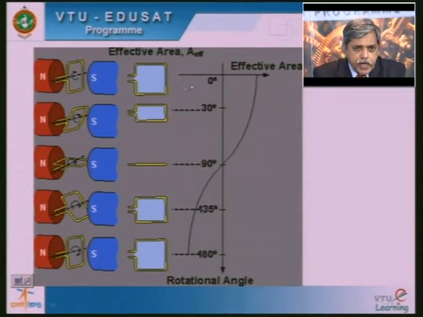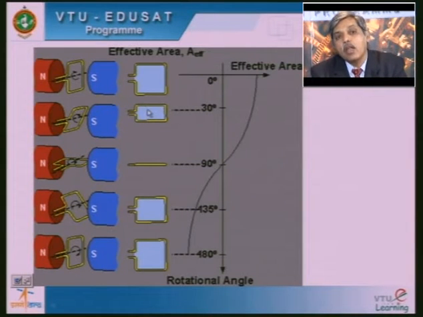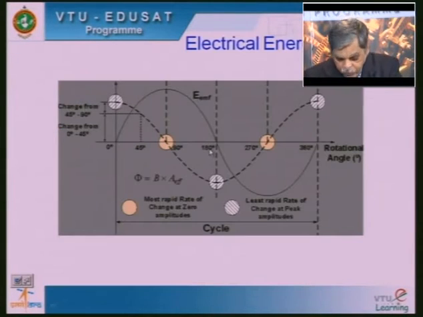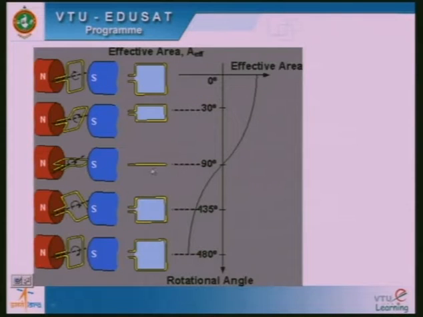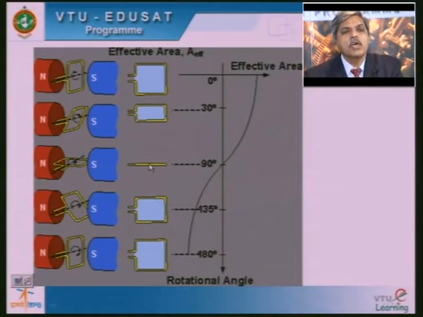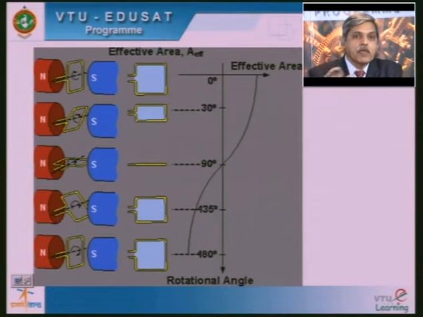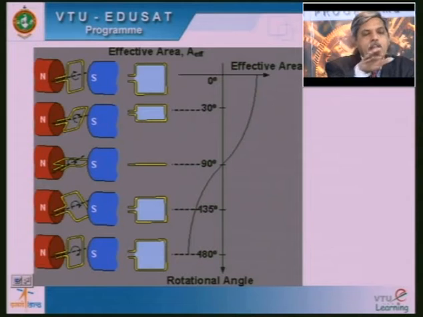When the coil is rotated by 30 degrees, the effective area offered by the coil to the magnetic field is decreased. When the coil is rotated by 90 degrees, I have further reduction in the area. Almost the flux lines will be parallel to the surface, so you will not get any area offered; the flux lines will go from the north pole to the south pole without passing through the area of the coil.